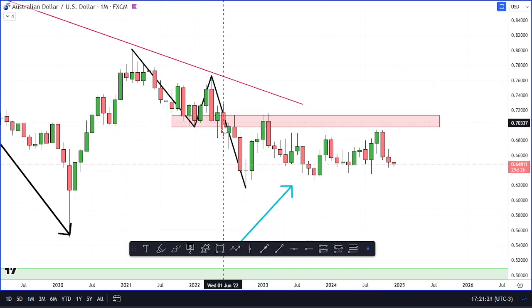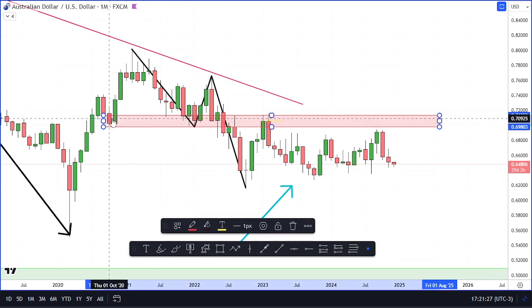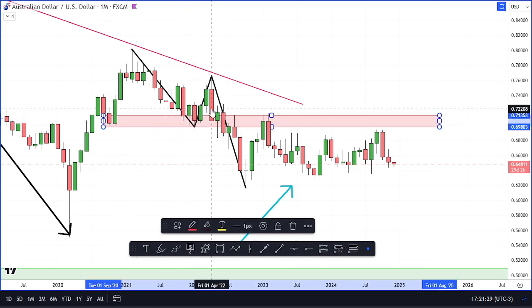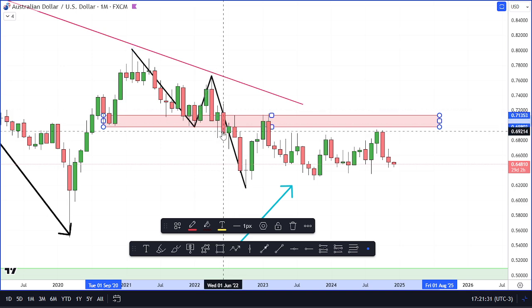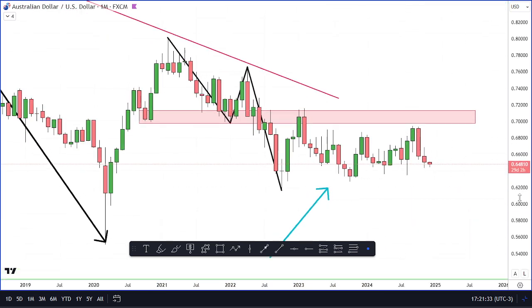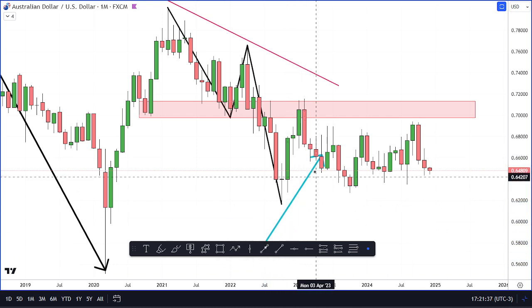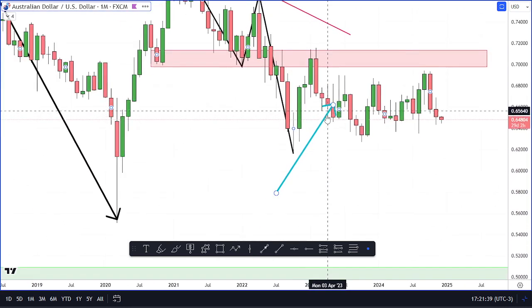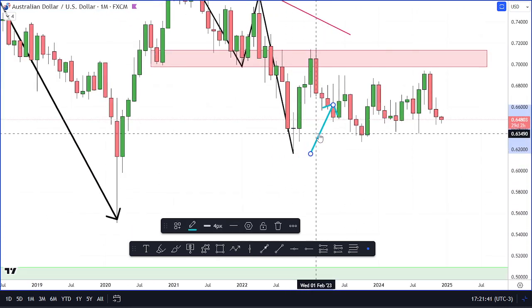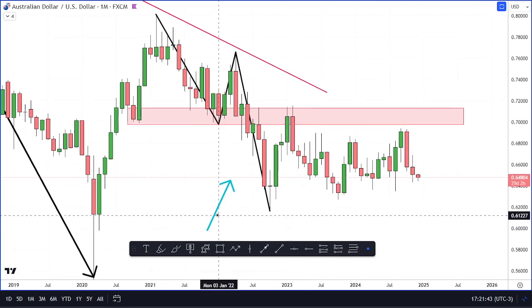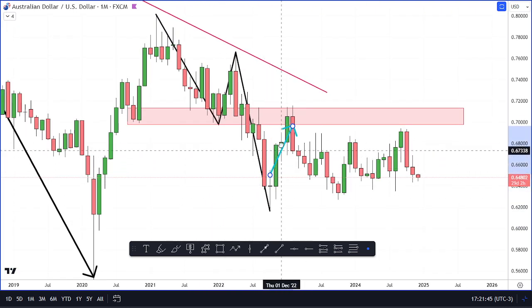Once the market broke out of past resistance, previously it was a support, right? You can see it was a support here. Then once this candle broke out of that support area, it made an attempt to go all the way to the upside, and it was rejected.